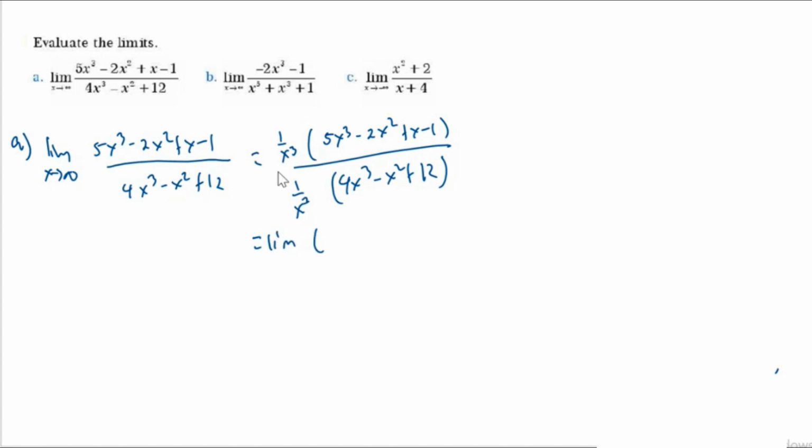We have 5x cubed divided by x cubed is equal to 5, minus 2x squared divided by x cubed is 2 over x, plus x divided by x cubed is 1 over x squared, minus 1 divided by x cubed is 1 over x cubed, all over, we do the same, dividing each term by x cubed: 4x cubed divided by x cubed is just 4, minus x squared divided by x cubed is 1 over x, plus 12 divided by x cubed equals 12 over x cubed.